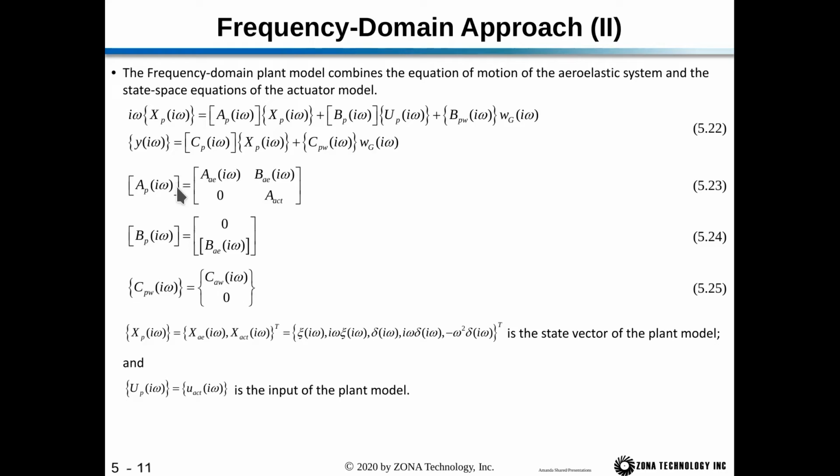So this is our new A, B, and C matrices. Our state vector has now been augmented with the control surface states delta, i omega times delta, and minus omega squared times delta. And our U for the plant is now the actuator inputs.